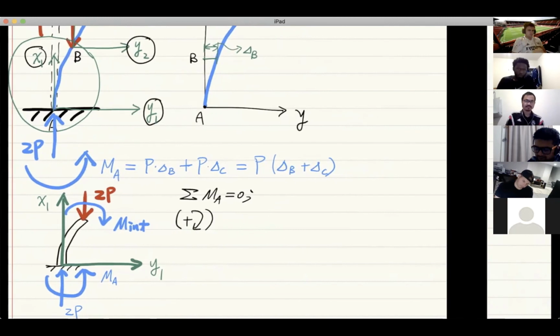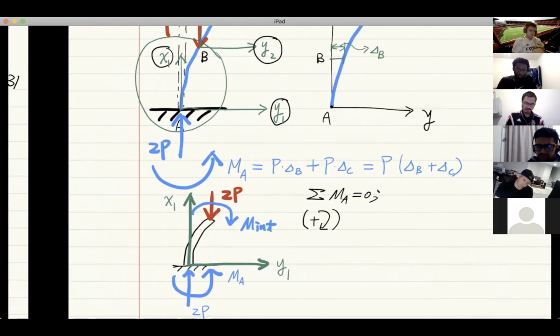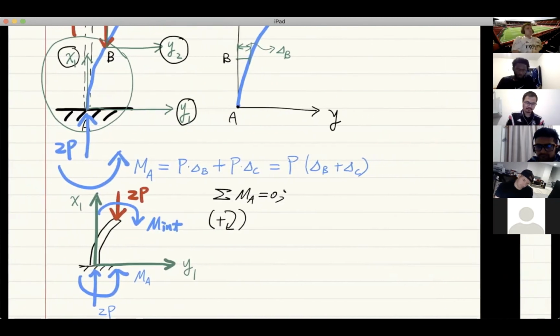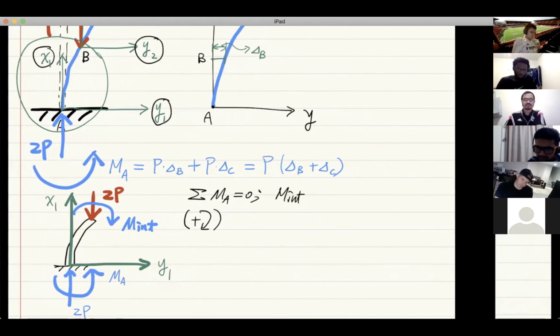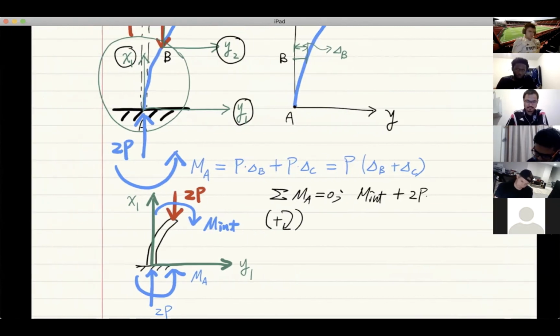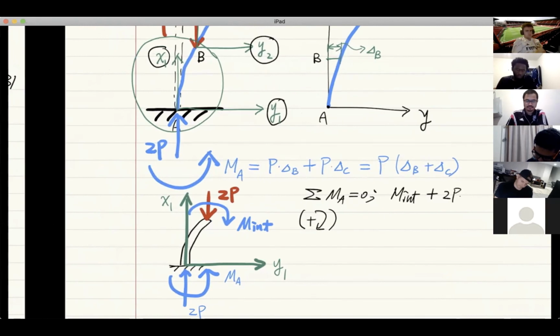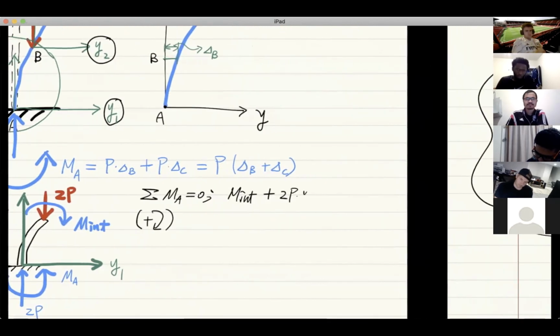So here, what do we have? Take the moment equilibrium from this rebalanced diagram, and we have M internal, plus 2P times the variable, which is the distance from this point to whatever point we consider, and that's y1. And this minus M_A must be 0, correct?